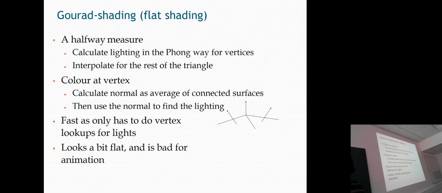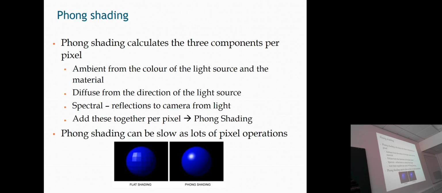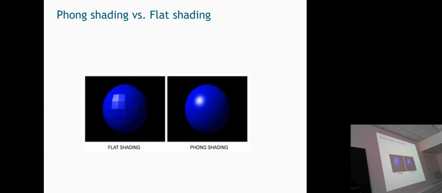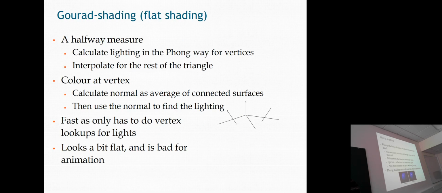Why does it make sense to be considered and discussed here at all? Performance, yeah, it's super fast. It's way faster than Phong shading, because we don't need to run the calculations for every pixel. So in some cases it can be a good compromise depending on our needs and the application.